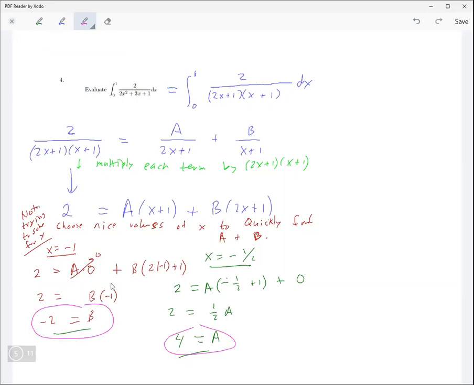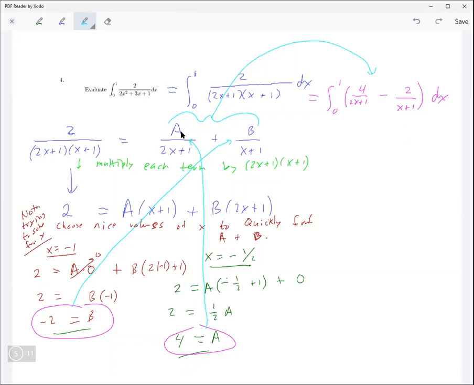Armed with that and that, we can come back to here, and this integral becomes the integral from 0 to 1 of a, which is 4 over 2x plus 1, and then b is -2, so that's -2 over x plus 1. So what happened here? I put this in for b, and I put that in for a.